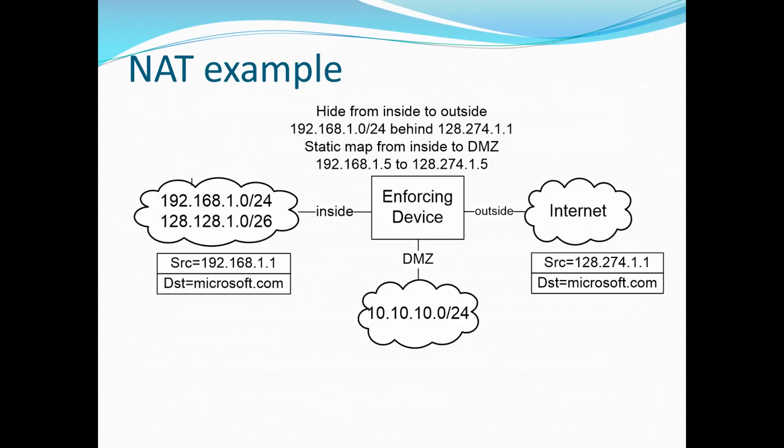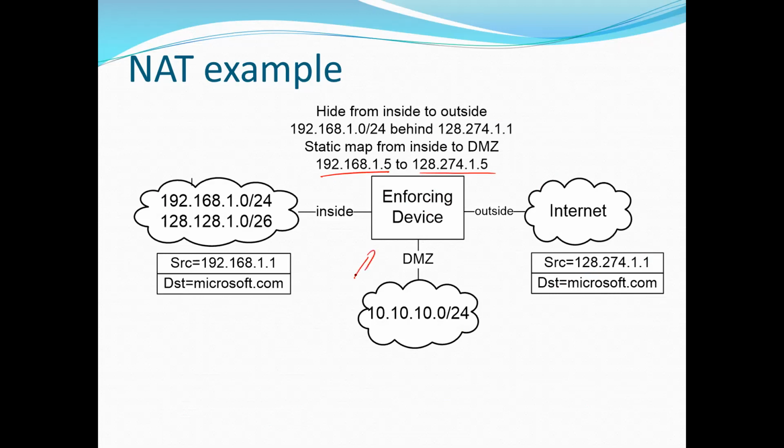So basically, hide from inside to outside. You have the 192.168.1 network on the inside, and then when you go out to the outside, it gets mapped, static map, from inside 192.1.5 to 128.274.1.5, whatever it is. Okay, so that's all it is.